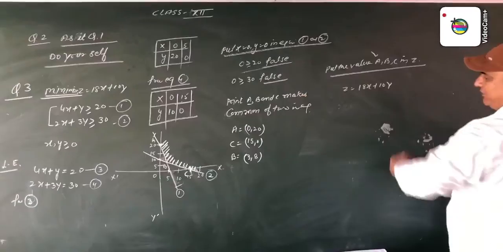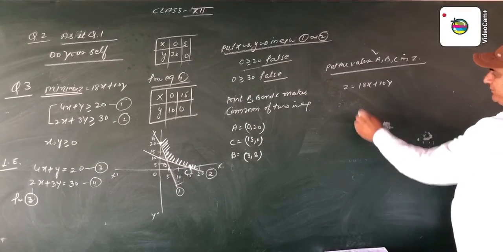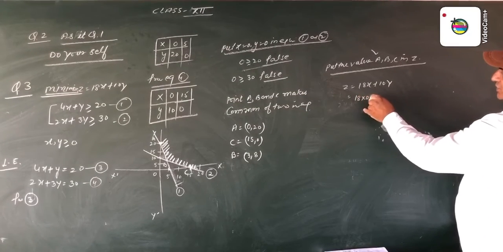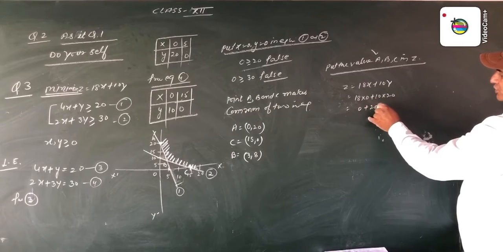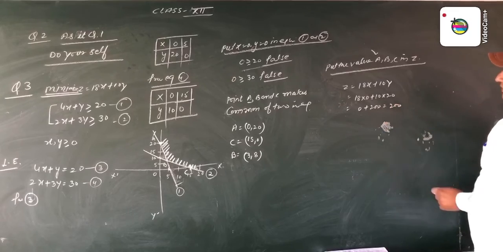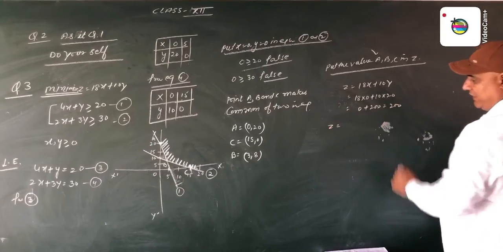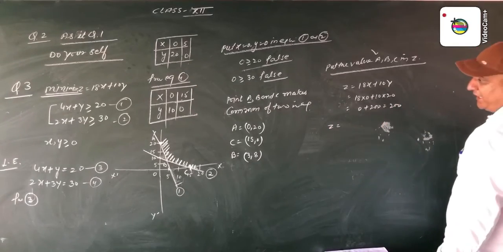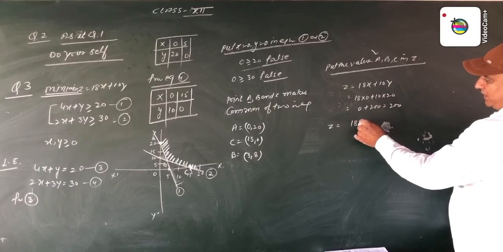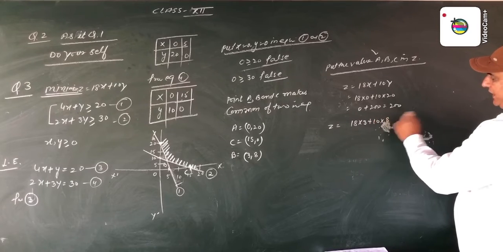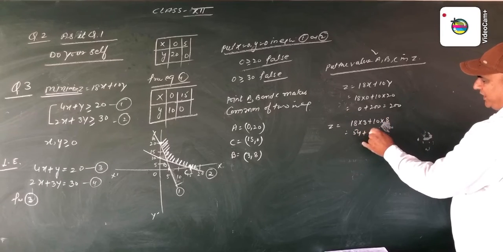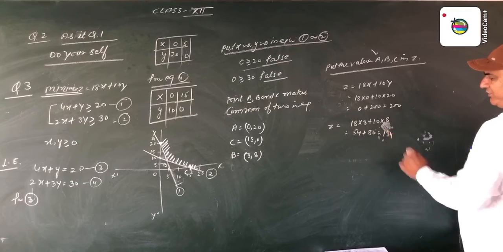Now the value at A, which is (0, 20): 18 multiplied by 0 plus 10 multiplied by 20, 0 plus 200, we get 200. Then we put the value of B, which is 3 and 8: 18 multiplied by 3 plus 10 multiplied by 8, 54 plus 80 means 134.